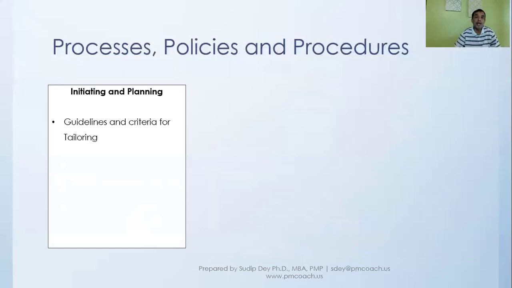And there will also be criteria for how you can tailor, what exceptions can be applied from project to project. So you can use these guidelines and criteria for tailoring that will be available in these policies, procedures, and processes, and apply them to your project.